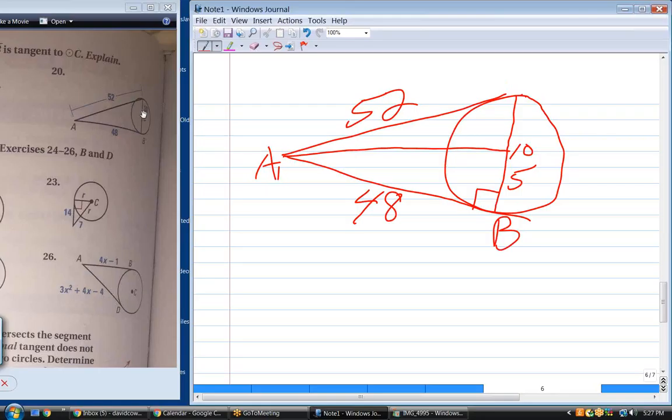If AB was tangent to that circle, then this distance right here would have to be what? Well, we can solve this. I don't know if we can solve it in 3 minutes, but I think we can. What would this distance right here have to be? That's not going to answer the problem either.